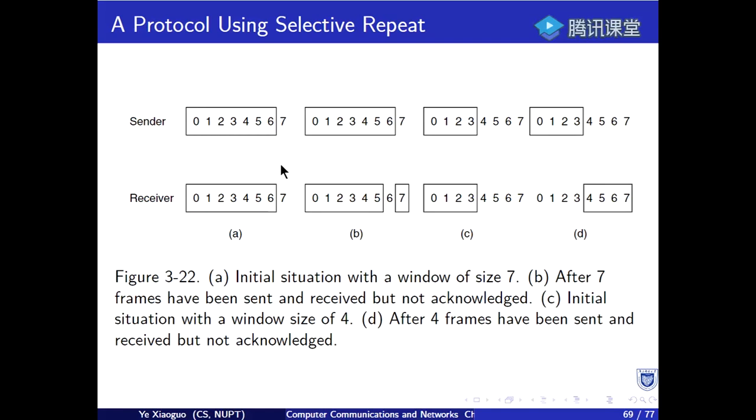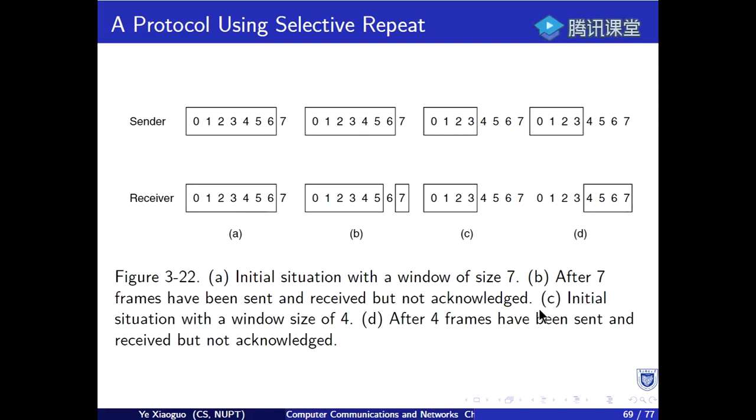Figure A shows an initial situation with a window of size 7. From 0 to 6 means frames with the sequence numbers 0, 1, 2, 3, 4, 5, 6. These 7 frames can be transmitted, and these frames can be received by the receiver.